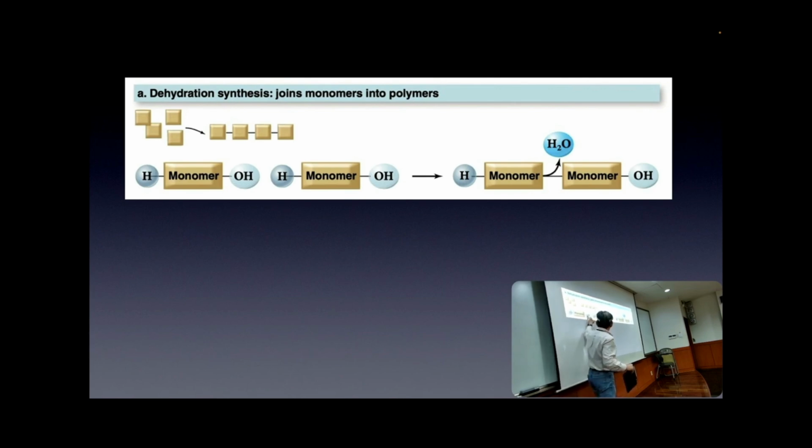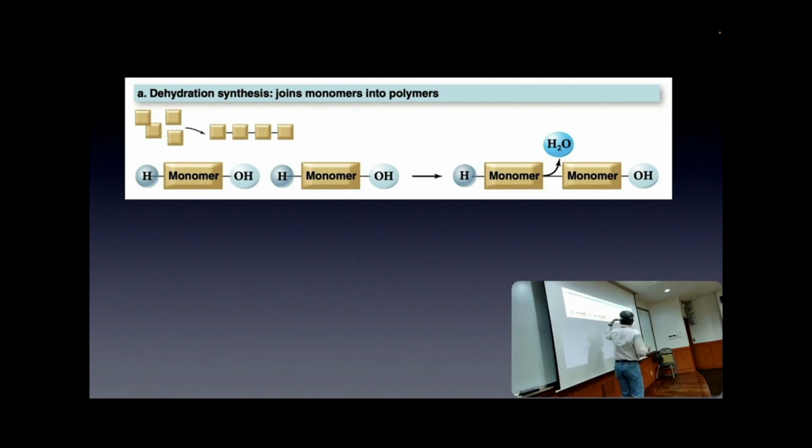And what you remove is one water molecule. That's why it's sometimes called the dehydration reaction. That means you are taking one water molecule out, or in some other cases it's called condensation. Dehydration or condensation is the same thing.